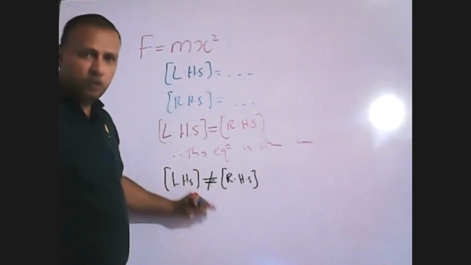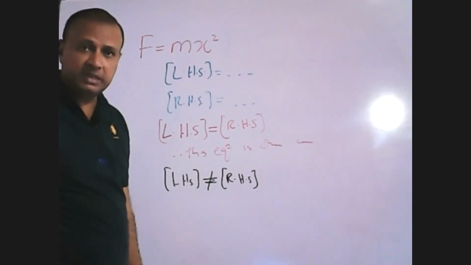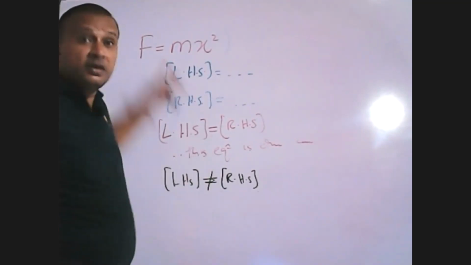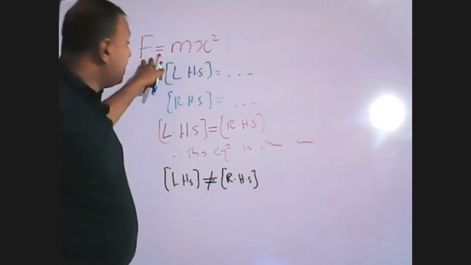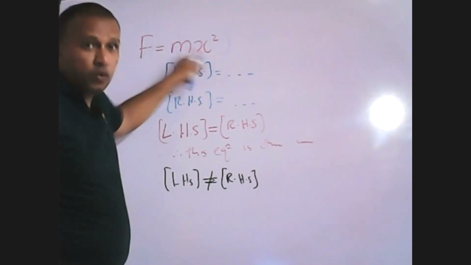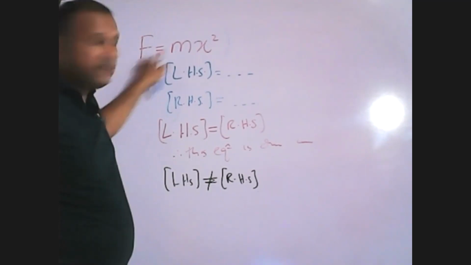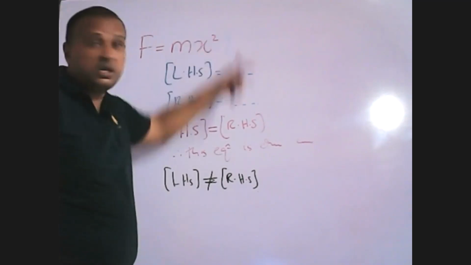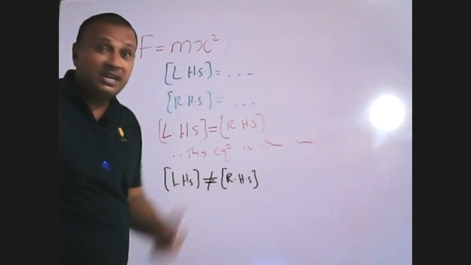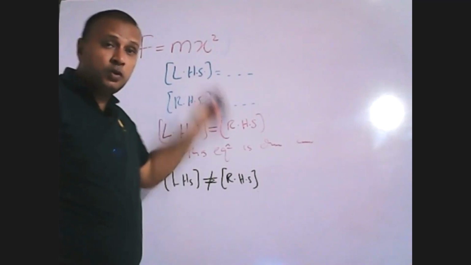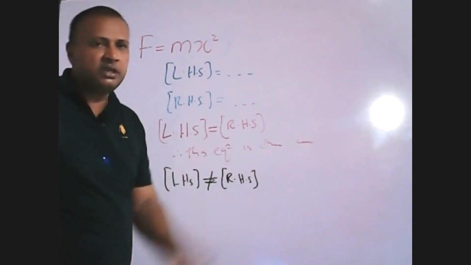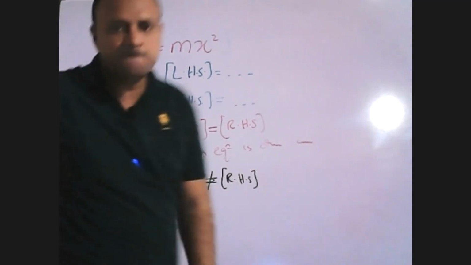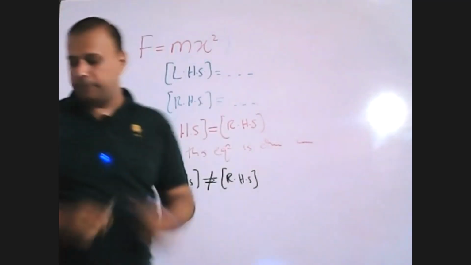You can use this kind of narration too. That is okay, because in this case there are only two terms, one on each side. So there is no addition or subtraction. So we don't want to consider each and every term in this kind of equation. Okay, I will explain that.